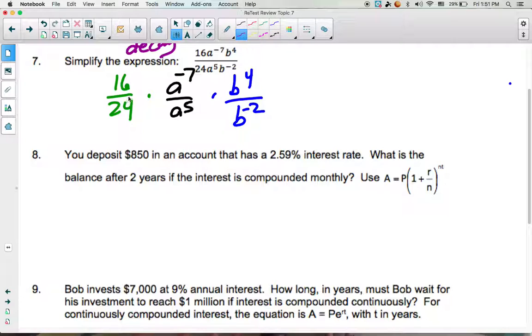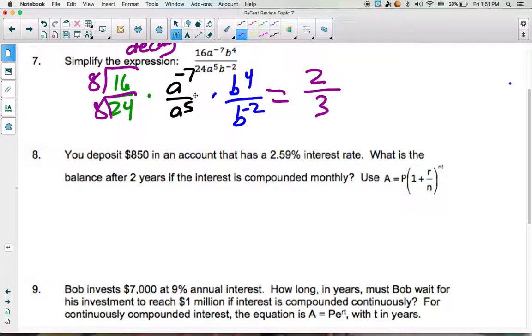I have 16 over 24. 24 does not go into 16 evenly, so what I will do here is I'm just going to reduce that fraction if possible. The largest number that goes into 16 and 24 is 8, so if I take 16 divided by 8, that's going to give me 2, and then 24 divided by 8 gives me 3. So I have 2/3.